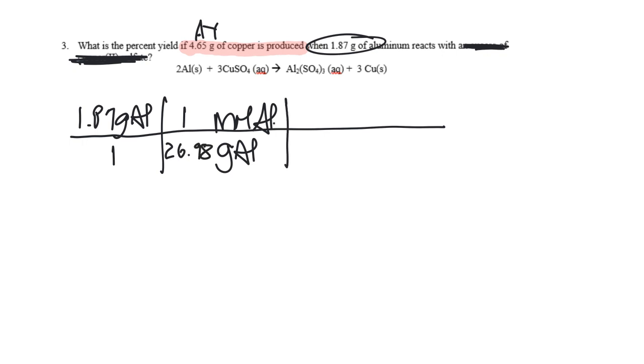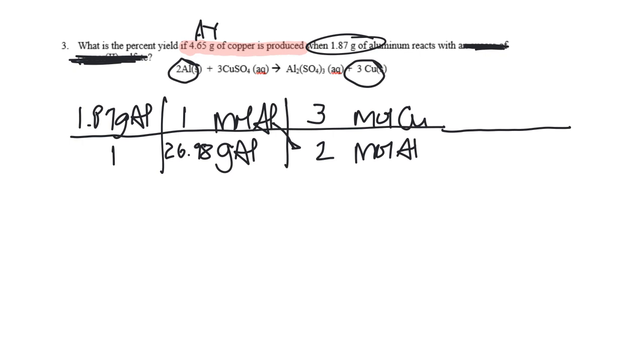Next, I'm going to go mole to mole fraction. So mole of aluminum comes down. Moles of copper comes to the top. Now I have a 3 next to copper, so I put a 3 here. I have a 2 next to aluminum, so I put a 2 there. So now my mole to mole fraction, done. The last step is mole to the goal. So now I have moles of copper.